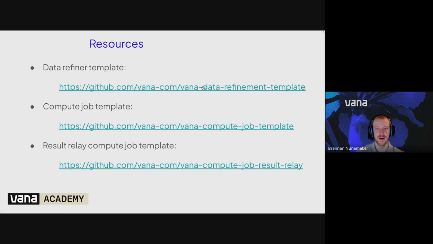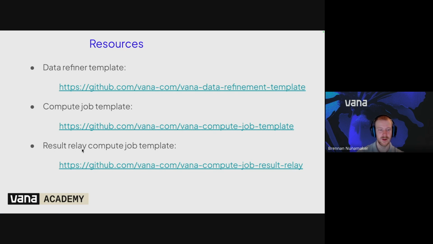So there's the data refinement template, which is essentially for you as a DataDAO. When you are trying to refine your data, you can use this as a jumping off point. There's also a compute job template where the app builders and data buyers can use this as a jumping off point for their compute jobs.